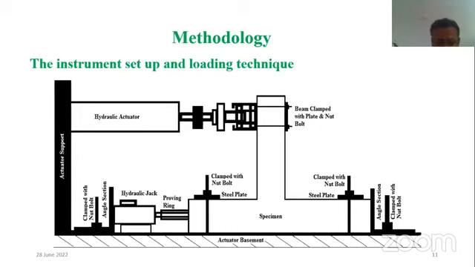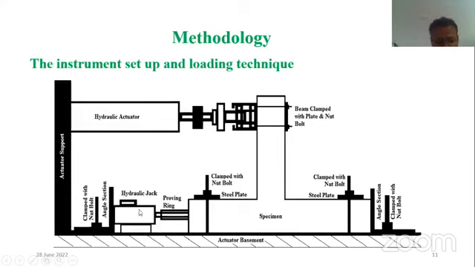The different parts of the specimen are shown in this figure. Here, the column is placed horizontally and the beam is placed vertically to apply the load at the tip of the beam. Here the hydraulic jack is provided to apply the 10% axial load on the column, which is realistic in nature.